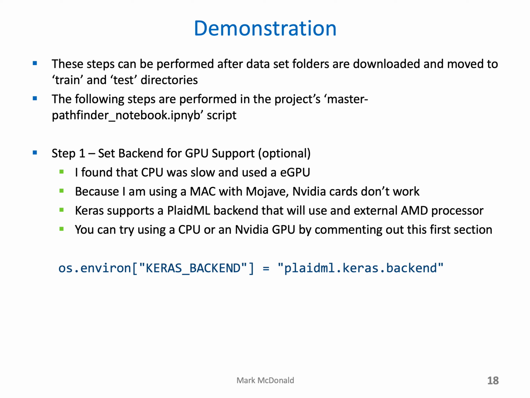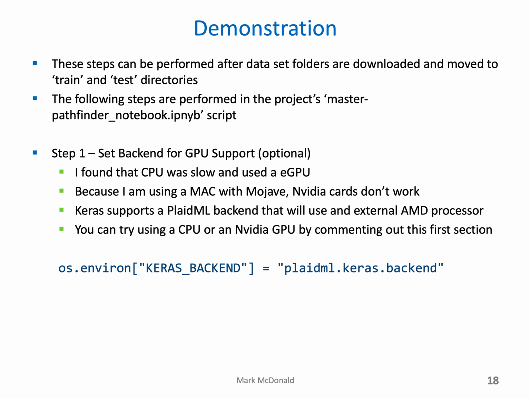So the demonstration is a 7-step process. The first several steps are used just to set up the environment. Here in the first step, we are enabling PlaidML as the backend. PlaidML is the only Keras backend that supports an AMD processor, which Mac version Mojave will only allow.